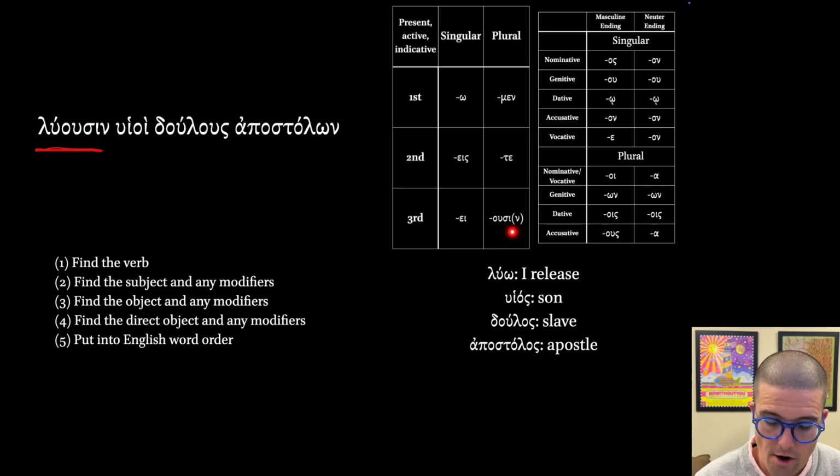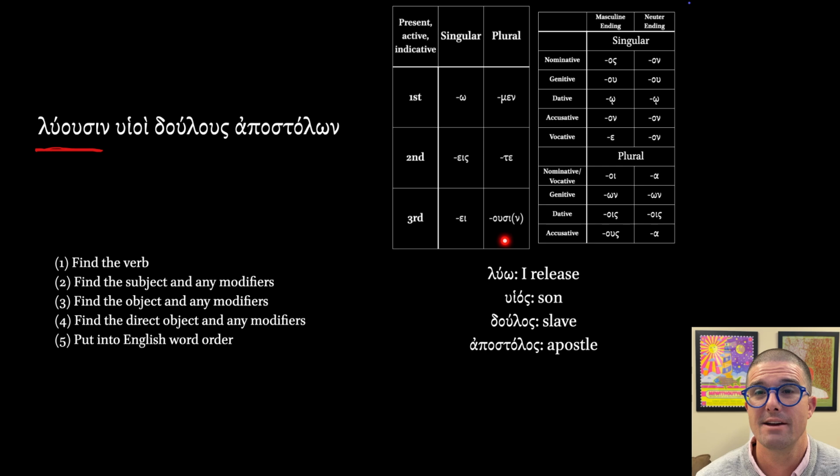Usin is going to be our third person plural suffix for the present active indicative. So by means of parsing, we have a present active indicative, third person plural from the verb luo, which means I loose. In this case, because it's third person plural, it's they loose.